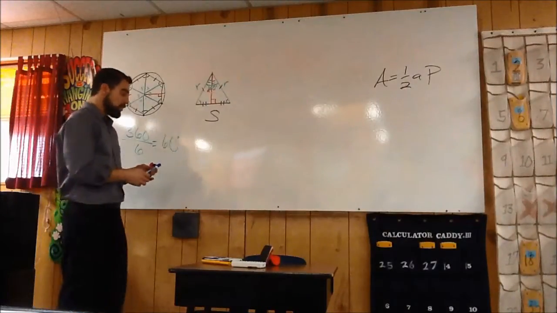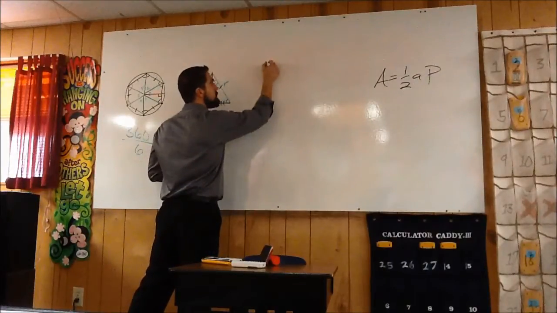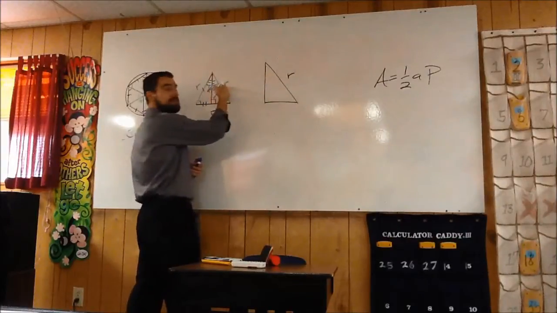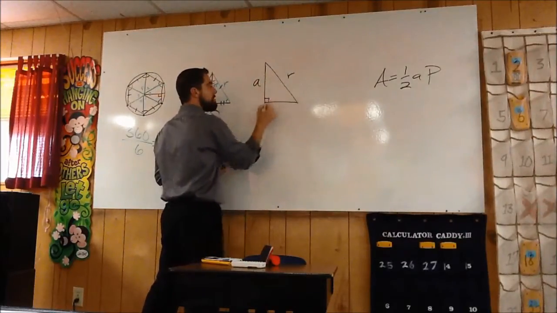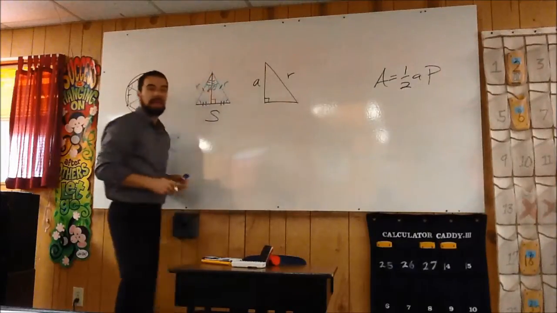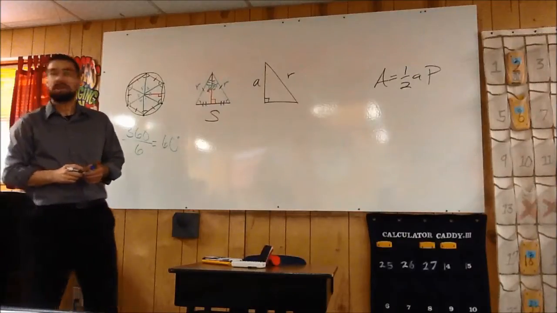Then we need to turn our attention to the right triangle that's created by one radius, the apothem, and how can I represent this leg of the right triangle?